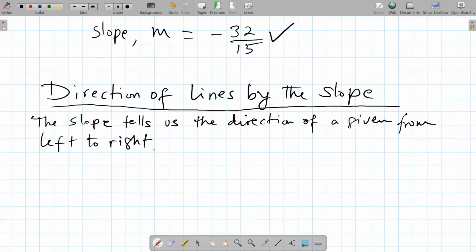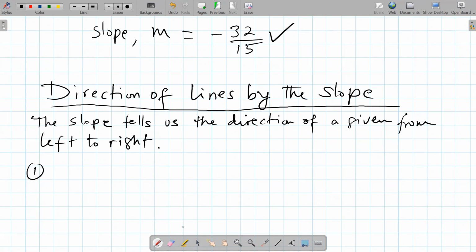Okay. Basically, it tells you slantness. Is it a positive slant or negative slant, or is it horizontal, or is it vertical? So that is what we want to look at.